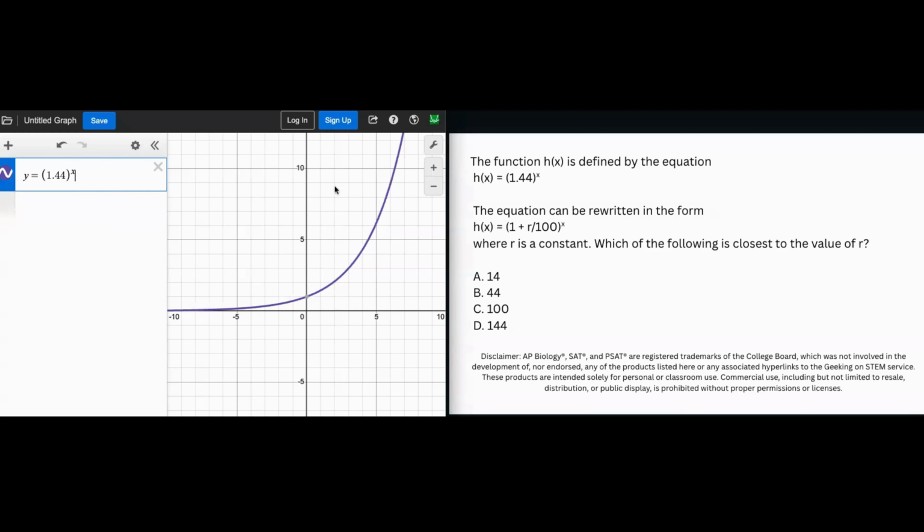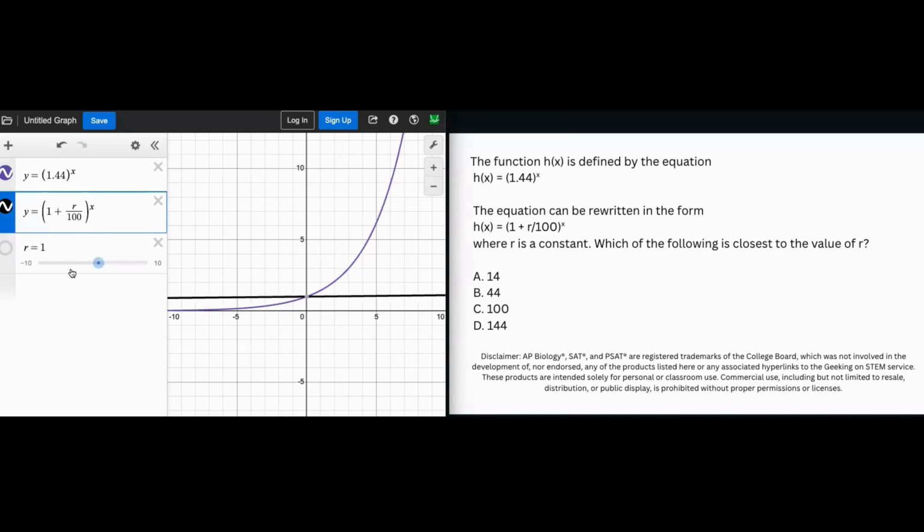Let's now graph this second equation, where y equals 1 plus r over 100 in parentheses, then I take my caret symbol and place x again. There we go. Then I'm going to add my slider.